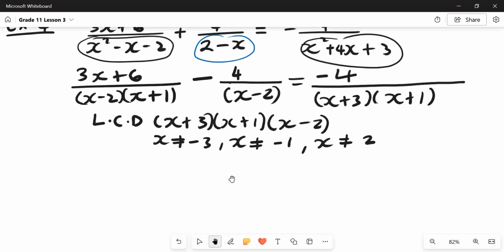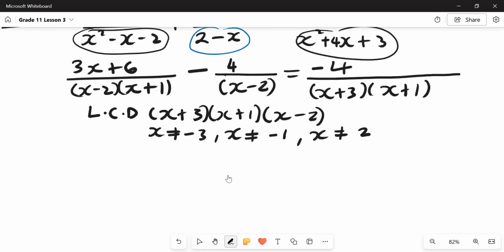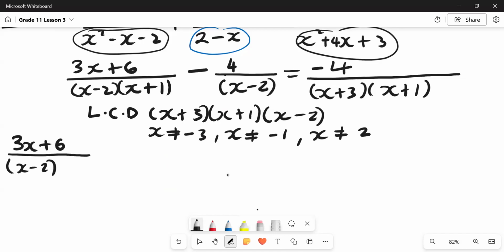So now let's start. You multiply everything by your LCD. When we multiply this part here, 3x plus 6 over x minus 2 and x plus 1, with the whole LCD, I will only show you the first step because this thing is so long.